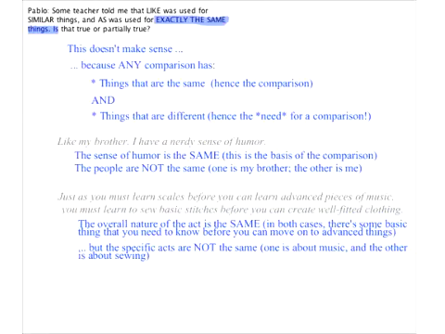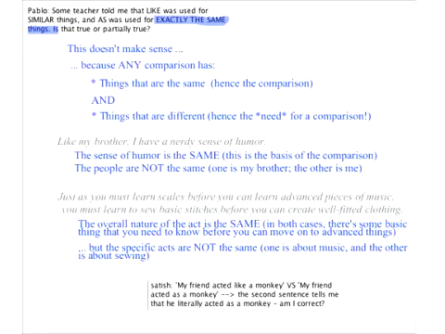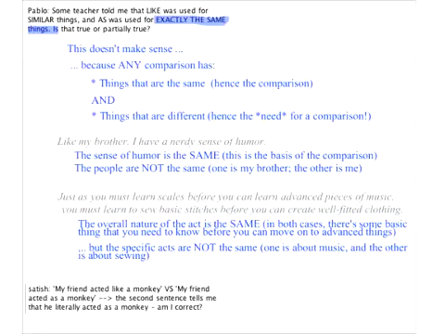Satish is talking about a different kind of situation. This actually is not a comparison at all. This is not comparing. This means you're taking on the role of a monkey, which is not a comparison thing.